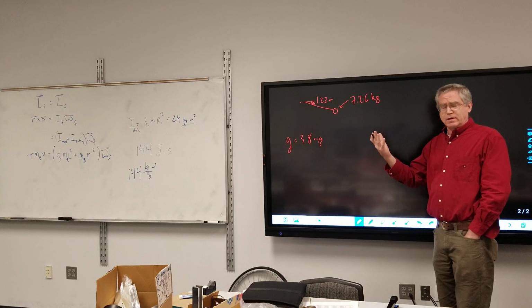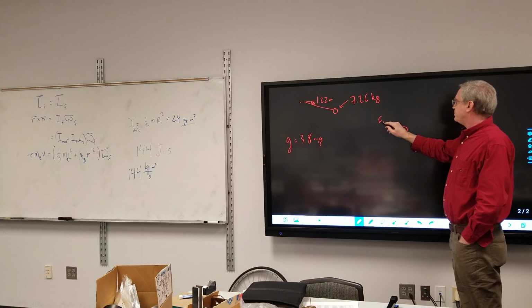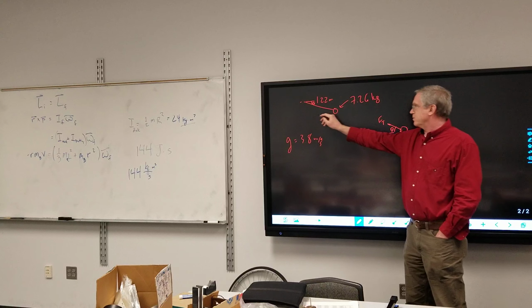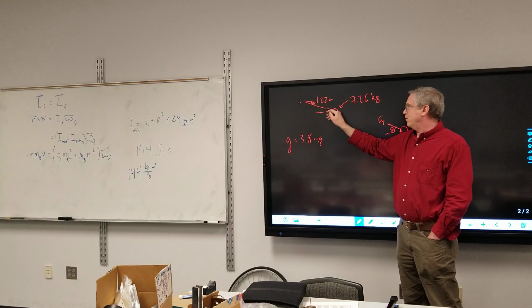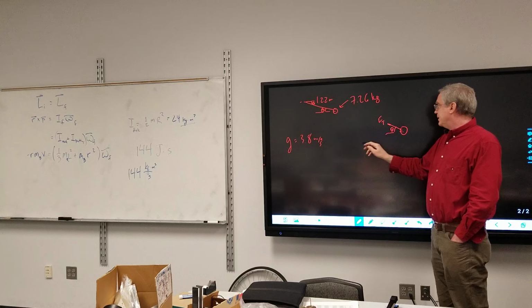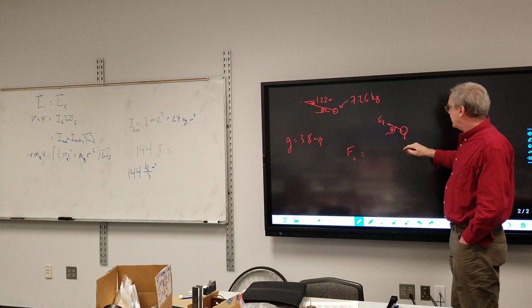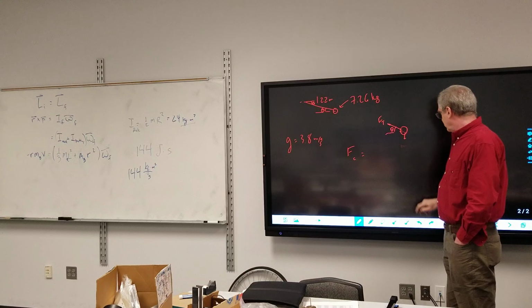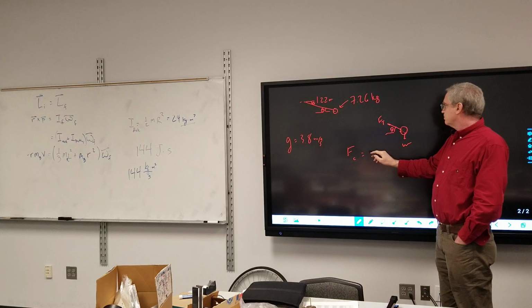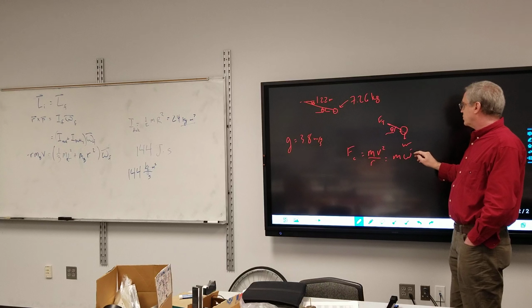All right, so this is just like in the lab, where we've got tension acting this way, an angle theta there, because those angles are congruent. So I know my centrifugal force, got weight acting down there, usually with a W. Centrifugal force is equal to mv squared over r, or m omega squared r.